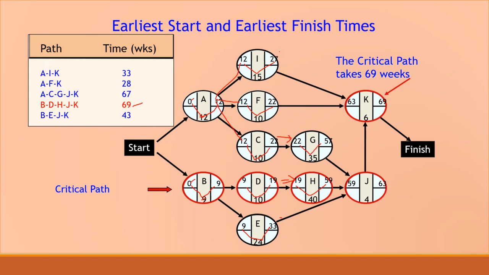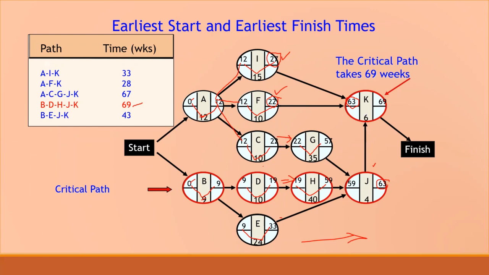Just see, in this case, we have 27, we have 22, and for here we have 63. So which should be the earliest start time? We have three options: 27, 22, or 63. While going forward, we will take the highest value.